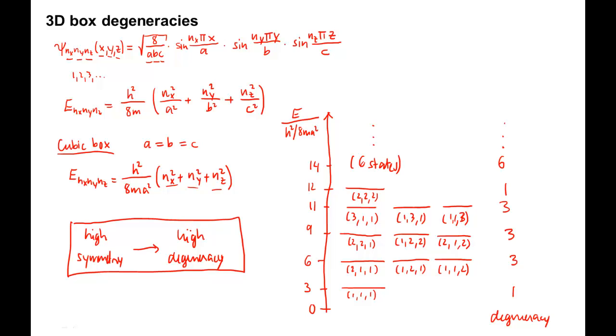When the symmetry is lowered or removed, the degeneracies are reduced or vanish. You can always determine the degree of degeneracy by looking at the energy expression for the specific box and by finding all the combinations of quantum numbers that yield the same overall energy.